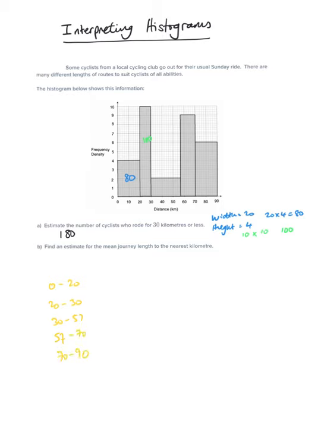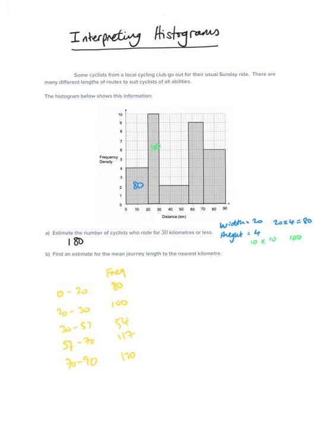And we'd already worked out that the frequencies here are 80 and 100. And using the same method, well, I'm sure you can see that we get 54, 117 and then 120.